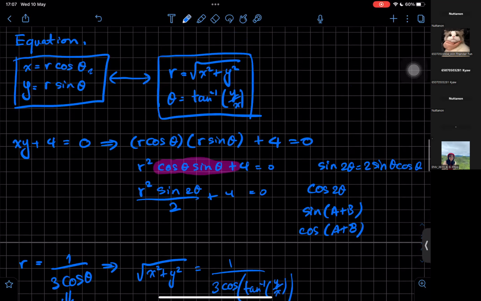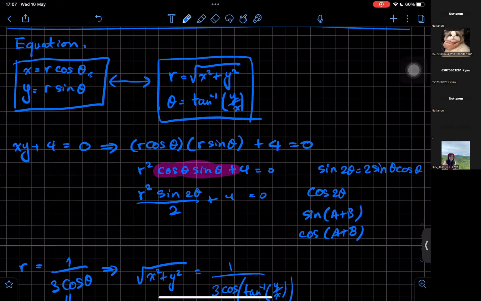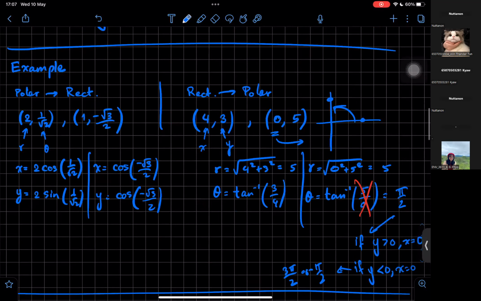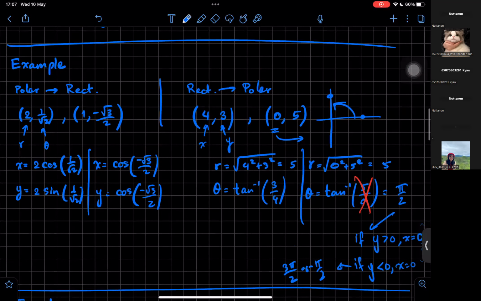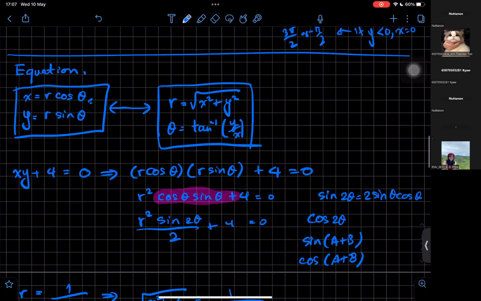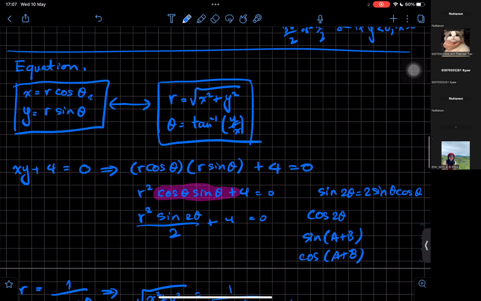I think this one is easier and more straightforward, because when you're doing the points, they can be tricky because they change it and then they add on minus some pi, some 2 pi like that, and you don't see your answer straightforwardly. But this one, if you do it properly, then I think you won't get any mistake. Okay, hopefully.